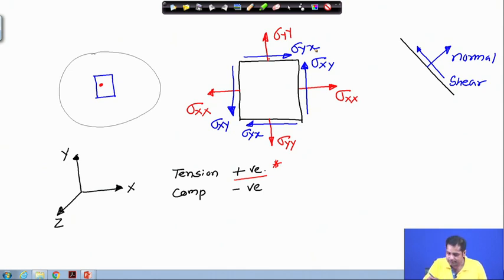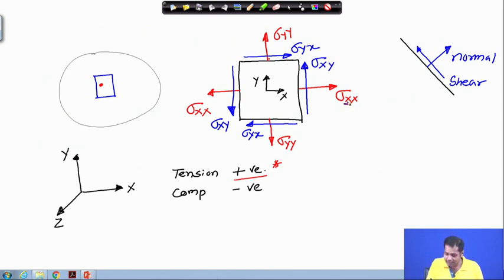You see, let us draw this is the x direction and this is the y direction. Now, sigma xx is acting on a plane which is normal to x direction. So, the first x stands for the plane on which this stress is acting.